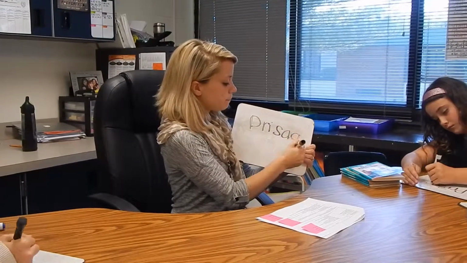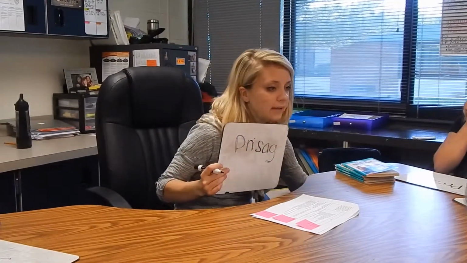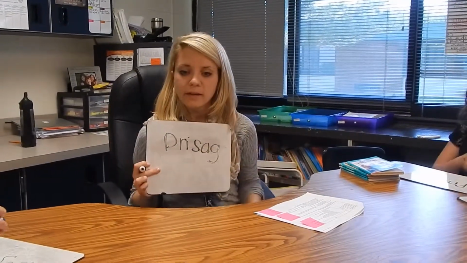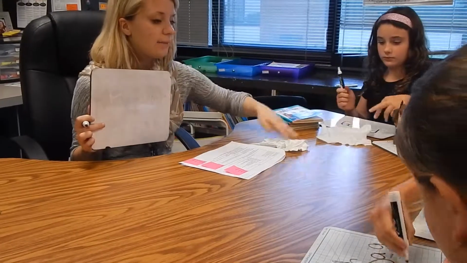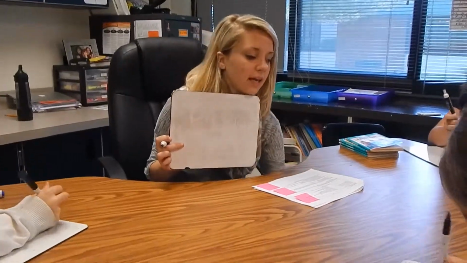So on your board, we will write cry, sag, crysag. You can go ahead and erase and then write it independently on your board. So erase and then write crysag again independently on your board.